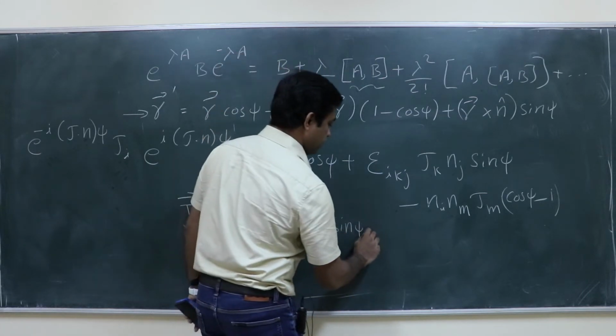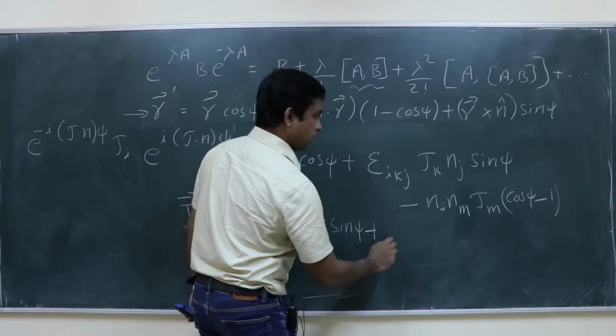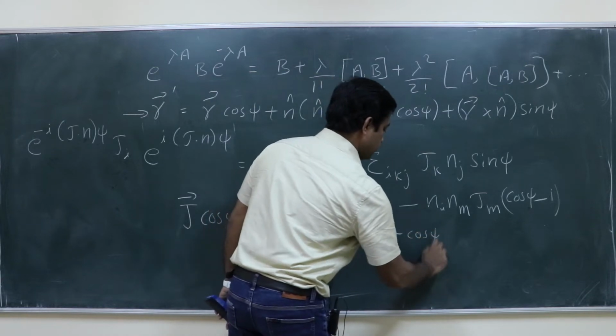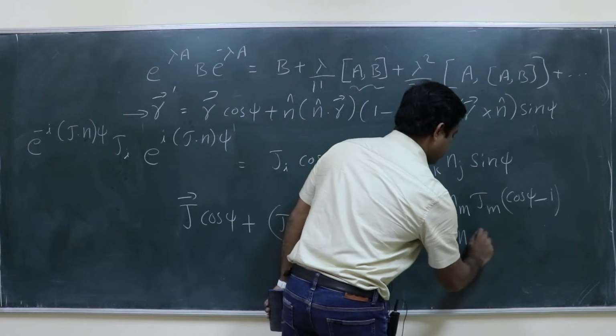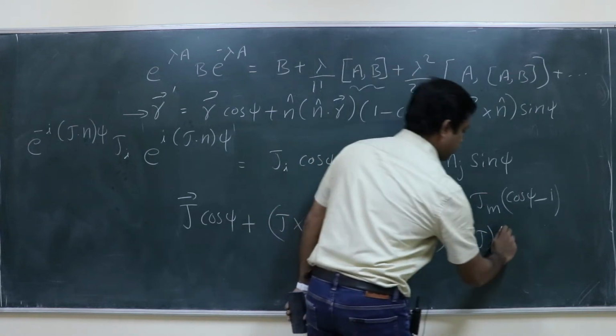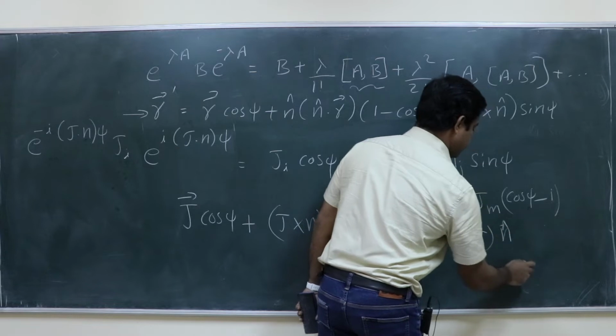So I can write plus 1 minus cosine, n dot j, vector n.